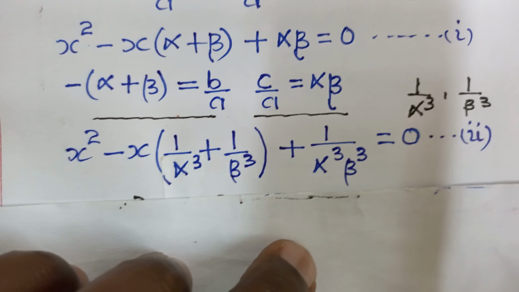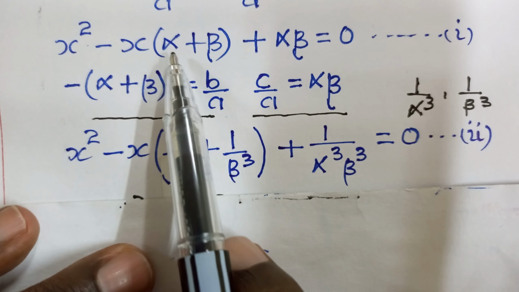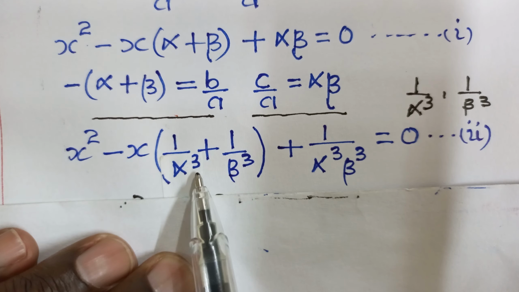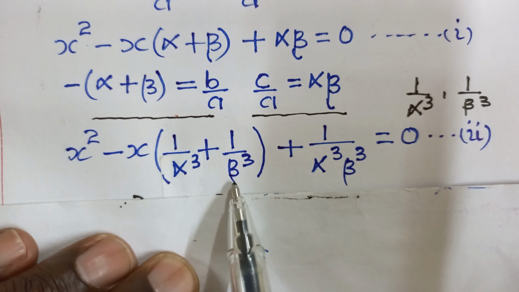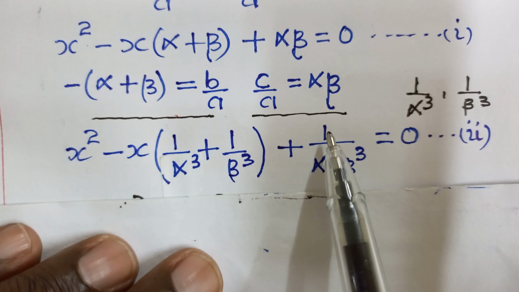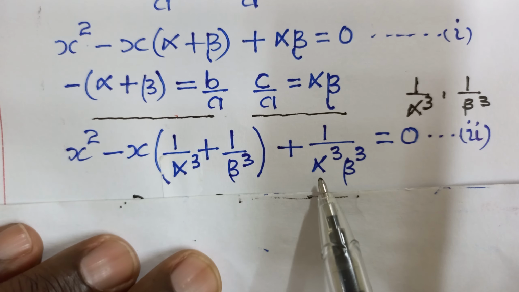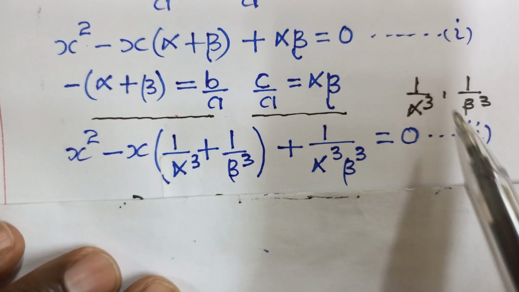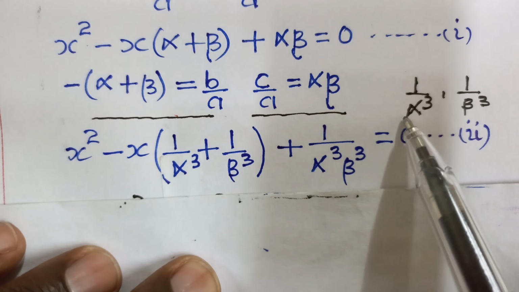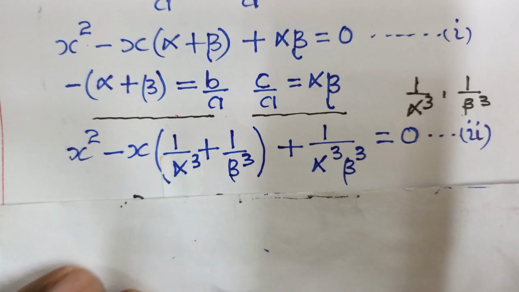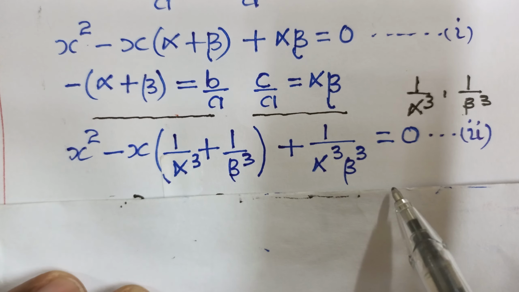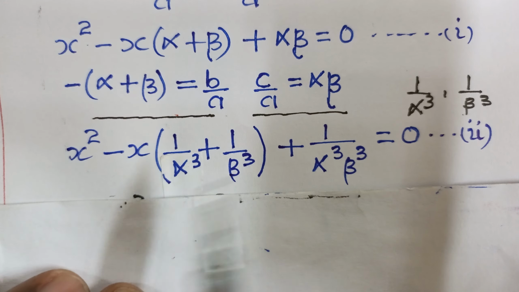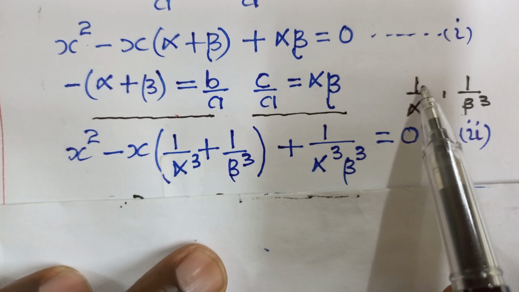The same way we have done the first equation, the sum is now going to be 1 over alpha cubed plus 1 over beta cubed, and the product is going to be 1 over alpha cubed multiplied by beta cubed. So, if you look for the equation whose roots are these, we shall find this as the equation.